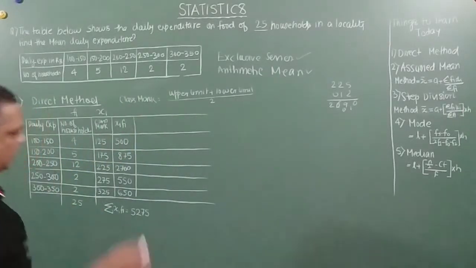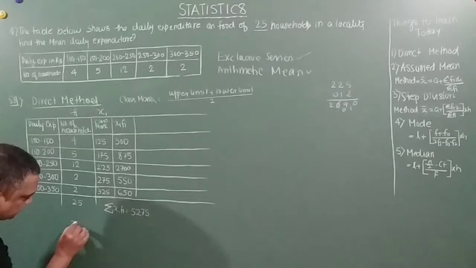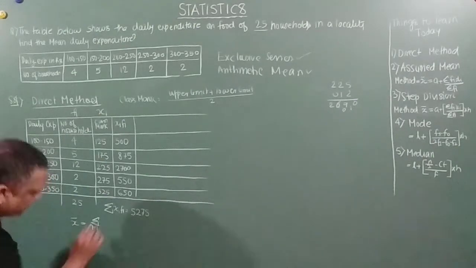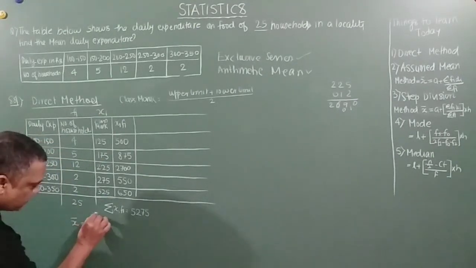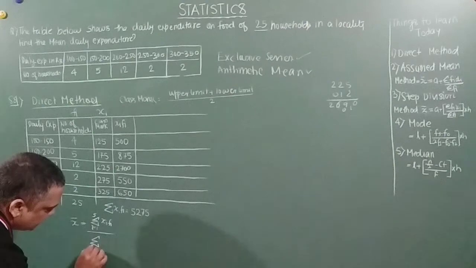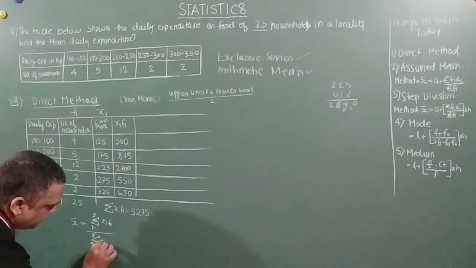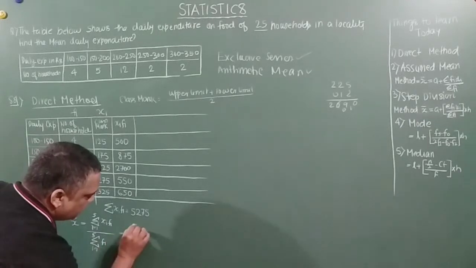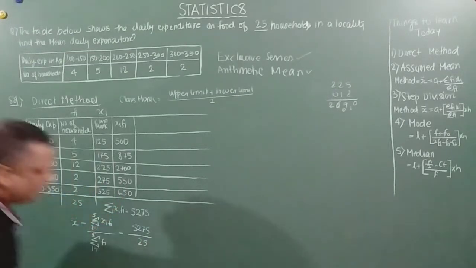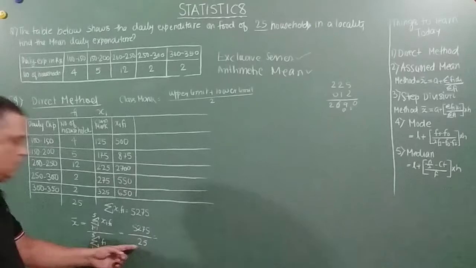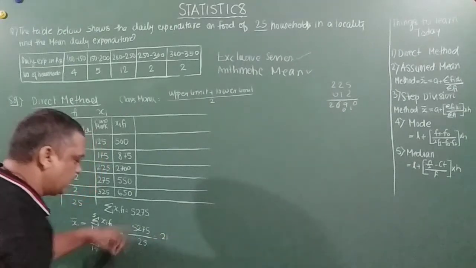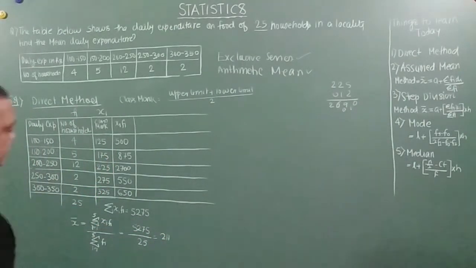Okay. So now the arithmetic mean, that is x bar, is nothing but sigma i ranging from 1 to how many? 1, 2, 3, 4, 5. 1 to 5 xi fi divided by sigma i ranging from 1 to 5 fi, which is equal to 5275 divided by 25, right, which is equal to 211.